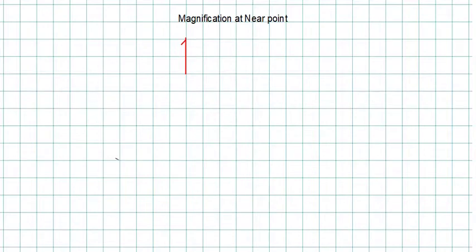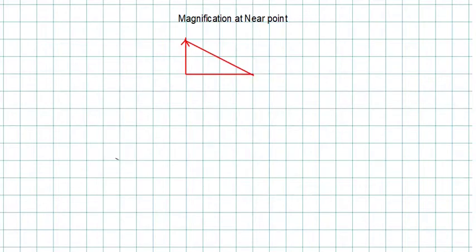For you to see this object distinctly and clearly, it must be at a distance of 25 centimeter from the eye.